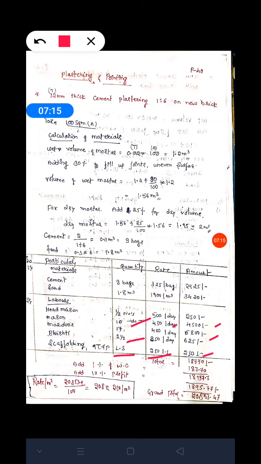After calculating the cost of labors, we should add the material cost and labor costs. Then the total amount is 18,770 rupees. For this additionally we should add 1% of water charges. After adding the water charges, we get 187 rupees.